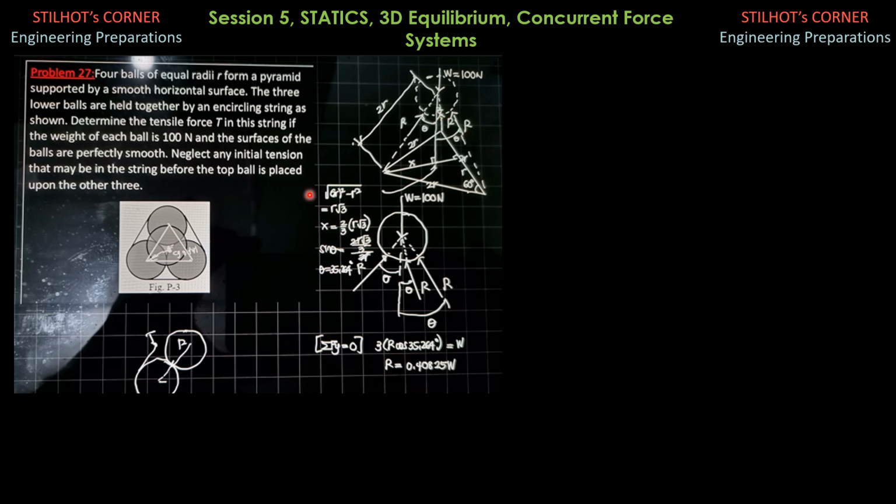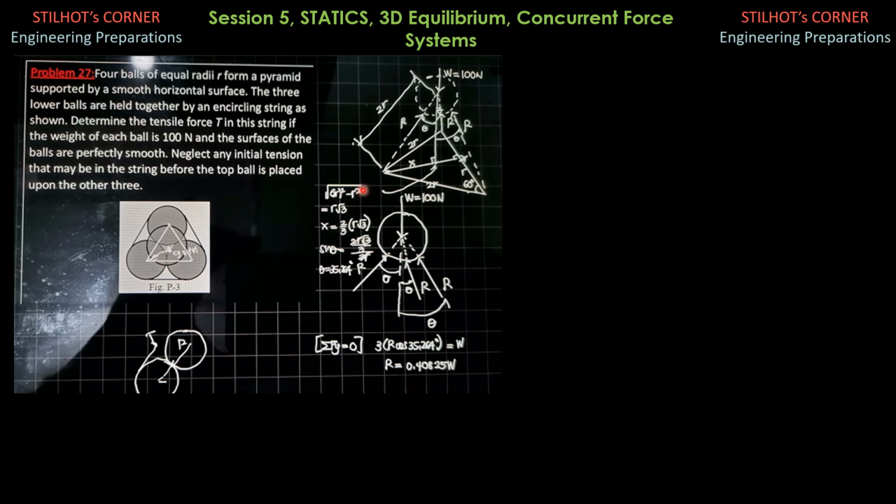Now, the analysis is this reaction passes through the center of the upper ball and passes through the center of the lower balls. And the centers of the lower 3 balls will form an equilateral triangle of length 2R, 2R, and 2R.